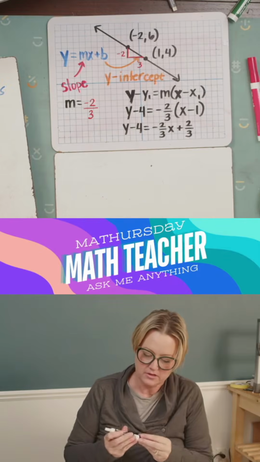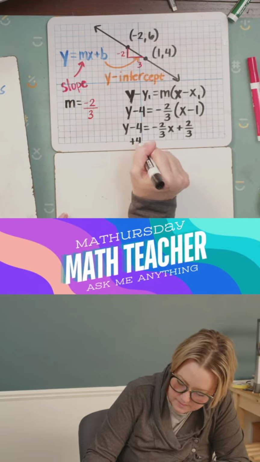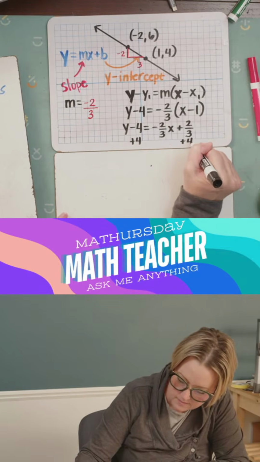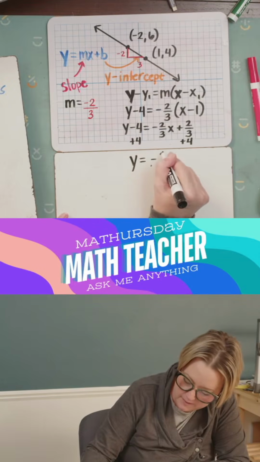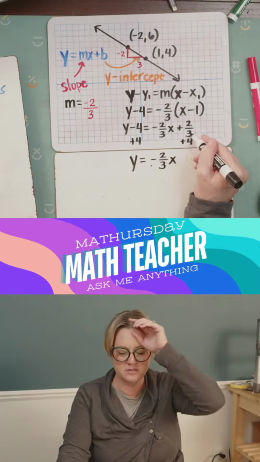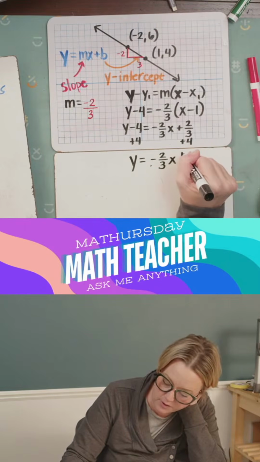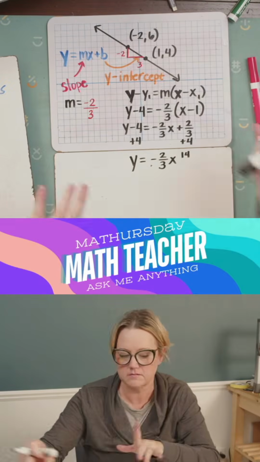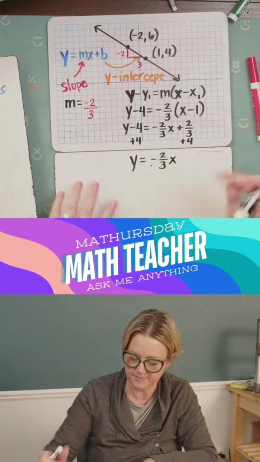Okay. So then we're going to add 4 to both sides. That leaves y by itself: -2/3 x, 2/3 plus 4 is going to give me positive 14/3.